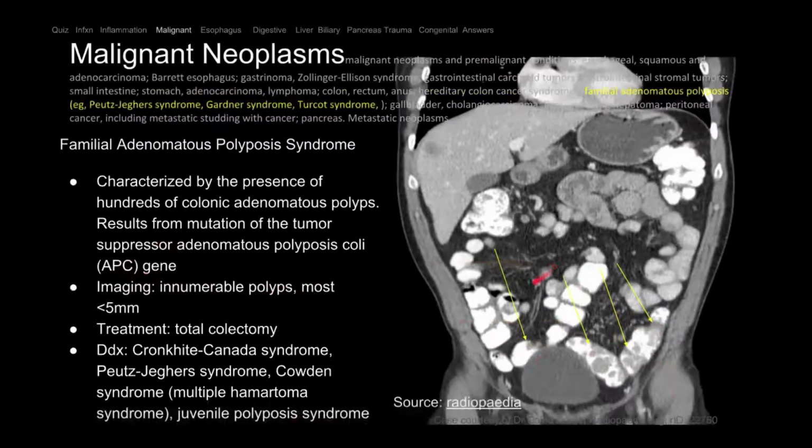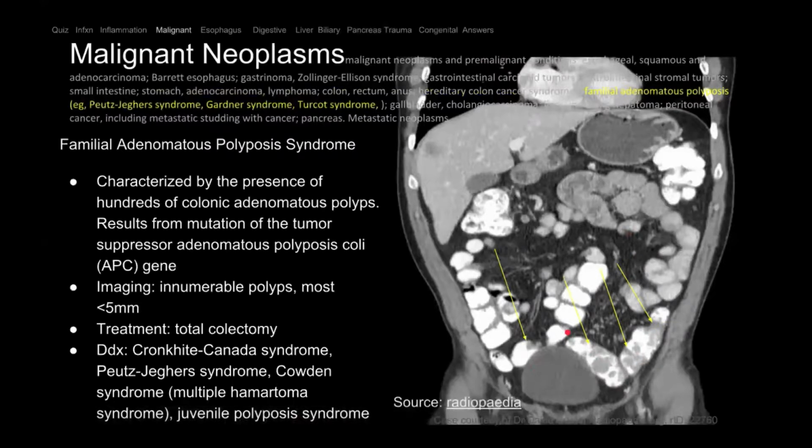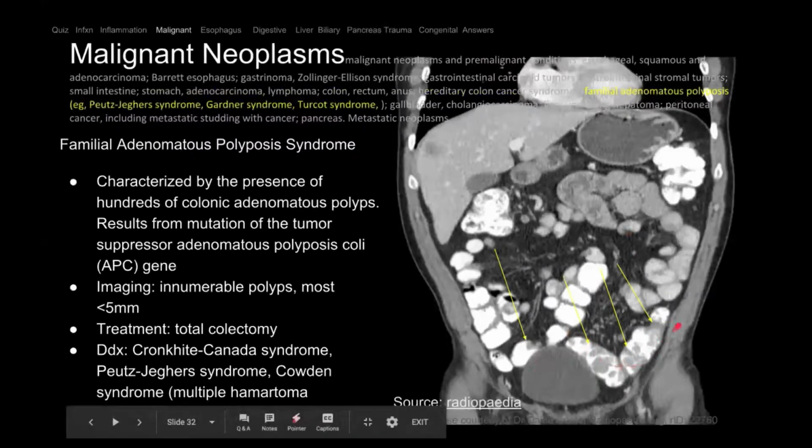And patients have a high risk of colon cancer, so sometimes they will get a prophylactic colectomy. Wait, I'm sorry, I think I made a mistake. This is colon. We only see one slice of it, but yes, there's a very high risk of colon cancer transformation.